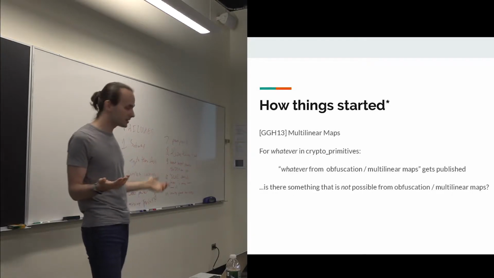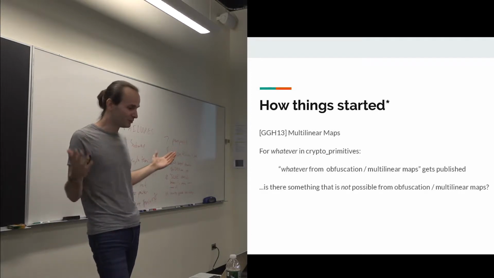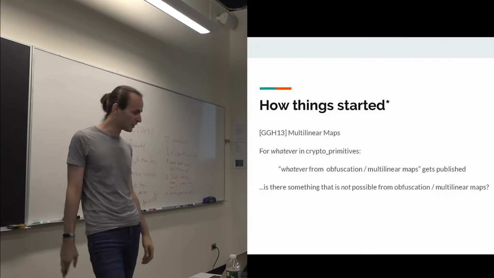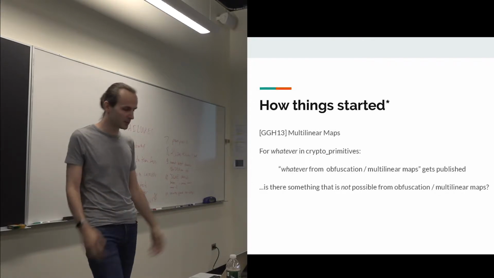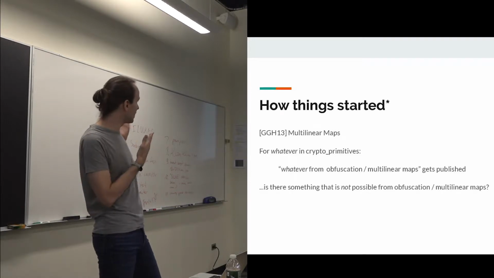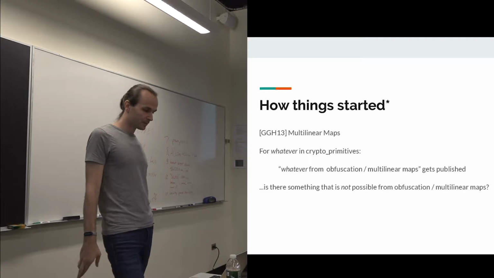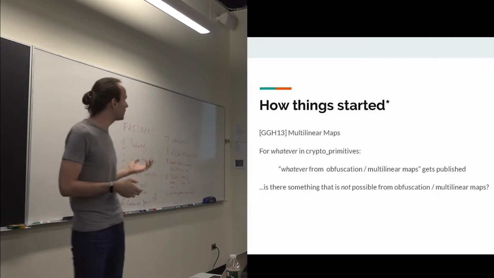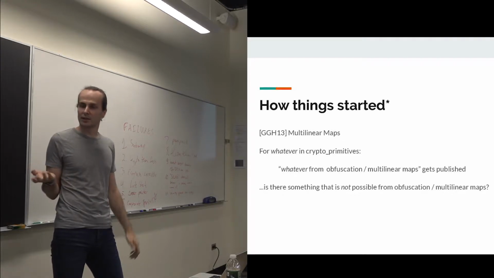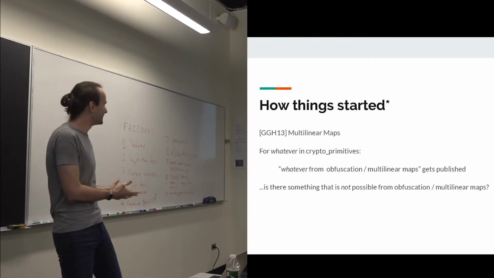It's an exciting result, and it gave birth to all these papers, from obfuscation to multilinear maps. They essentially showed that you could do anything with these things. So probably what we were thinking was, what can't you do with these things?